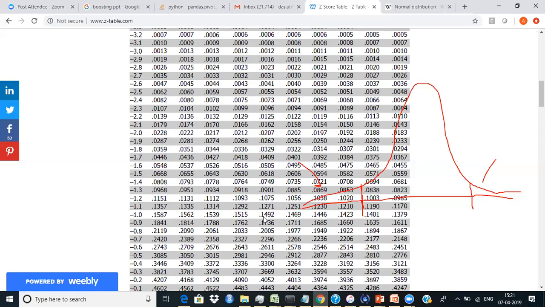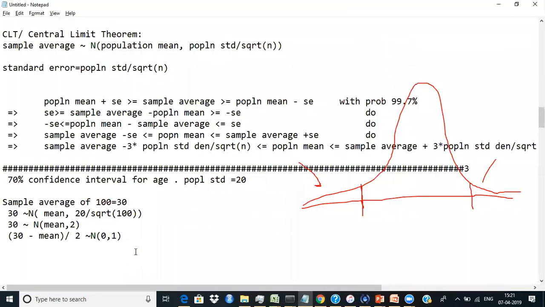Minus 1.04. Make sense? So we know that the area to the left of minus 1.04 is 15%.